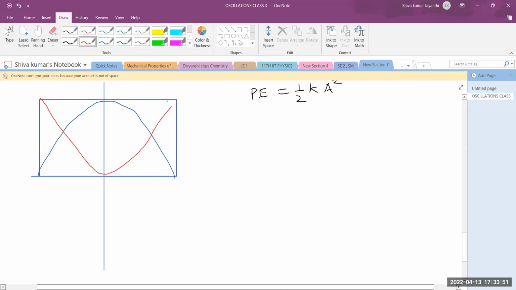You can draw like this. This is the energy axis, and this is the amplitude axis. This is plus A, this is minus A. And this is 0. Understood that?